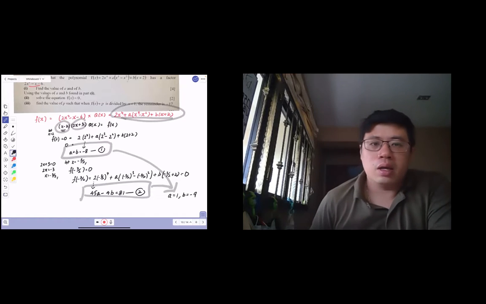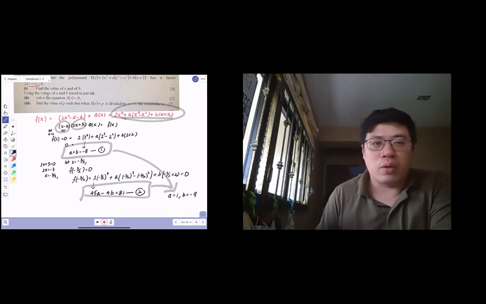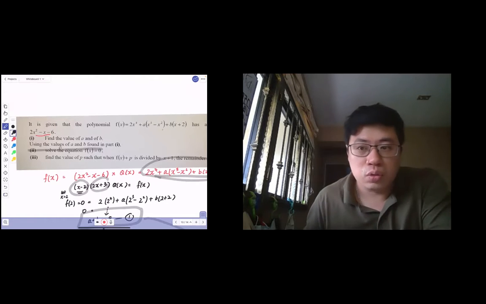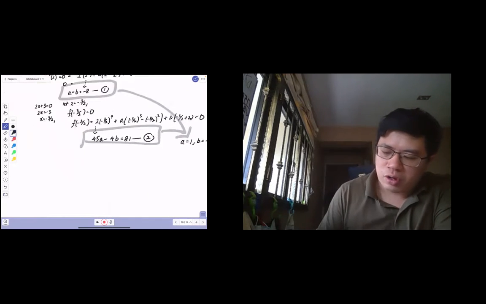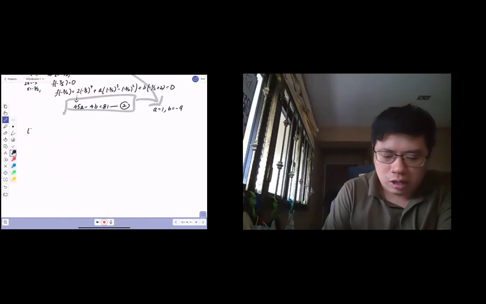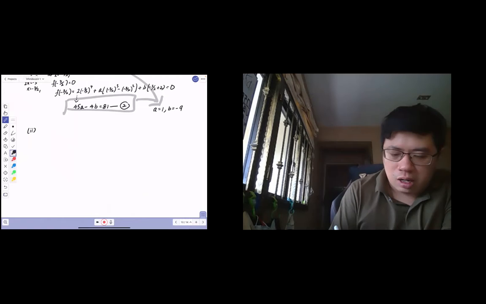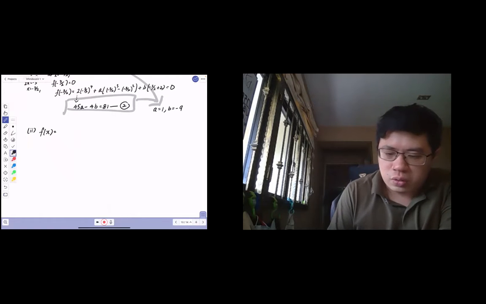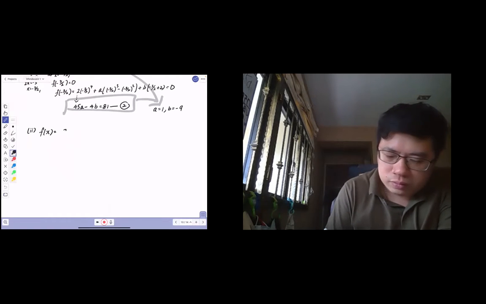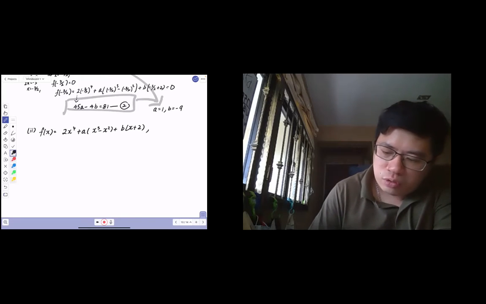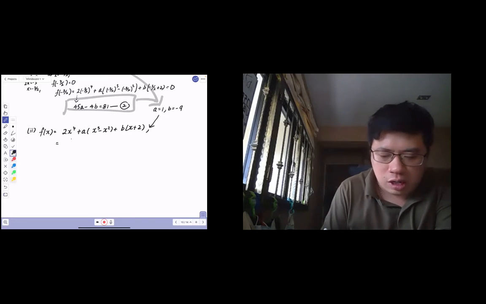Next, after we found a and b, we go to part 2. Part 2 requires us to solve f(x) equals 0. After you have found your a and b in part 1, it means that your f(x), which is originally 2x to the power 4 plus a of x cubed minus x squared plus b of x plus 2, now you just add in your a and b.